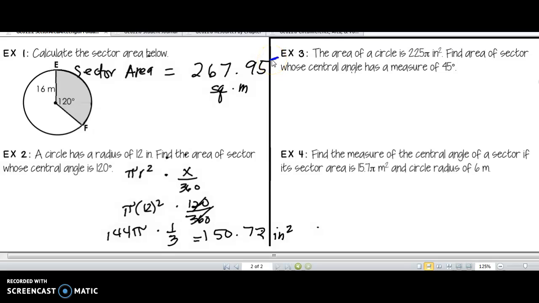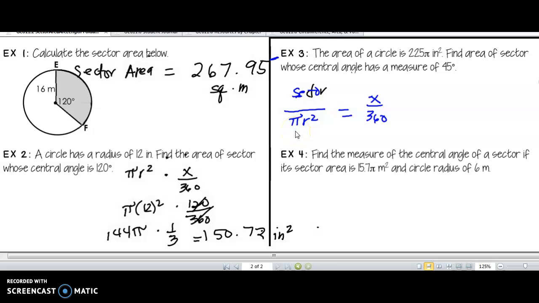Example 3. The area of a circle is 225 pi inches squared. Find the area of the sector whose central angle has a measure of 45 degrees. So let's use our formula. Sector over pi r squared is equal to x, which is the central angle, over 360.